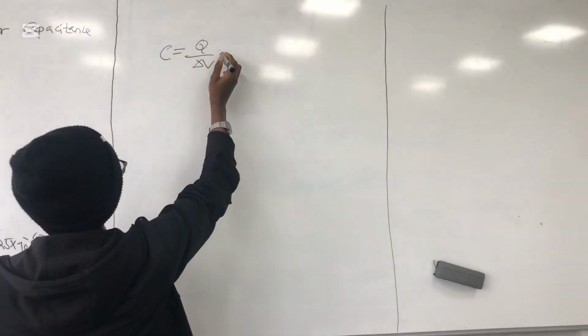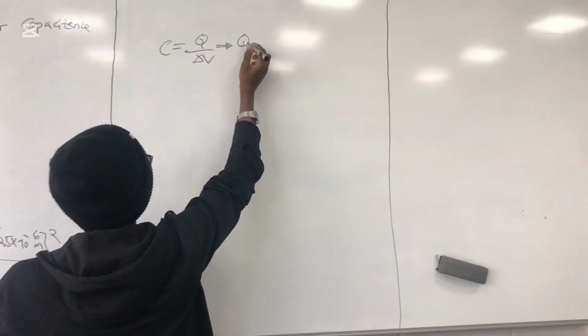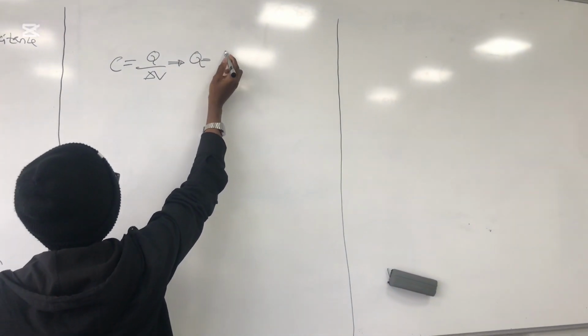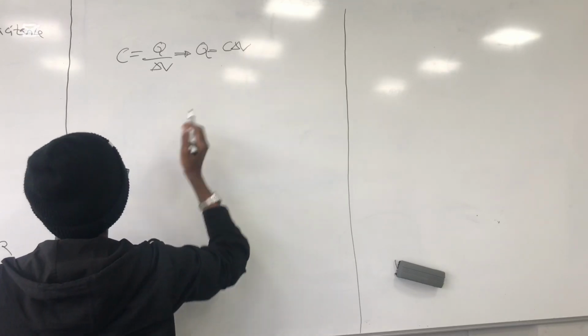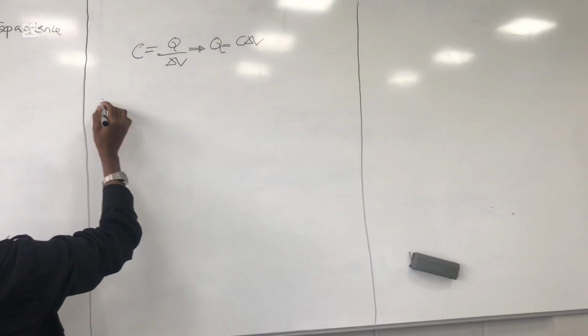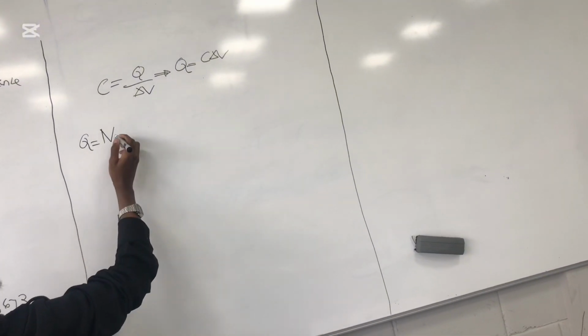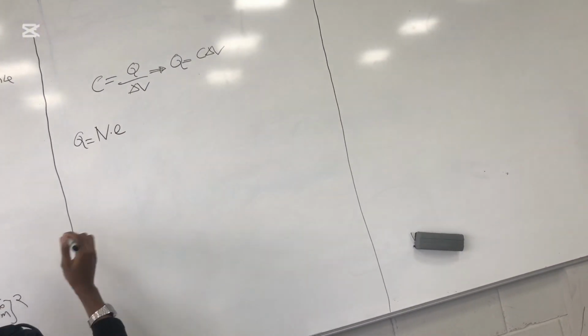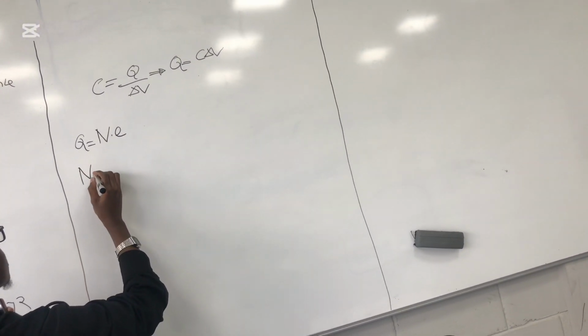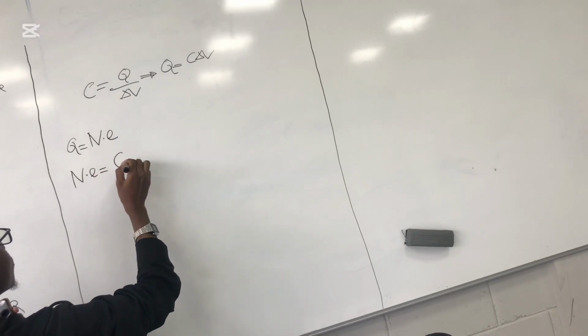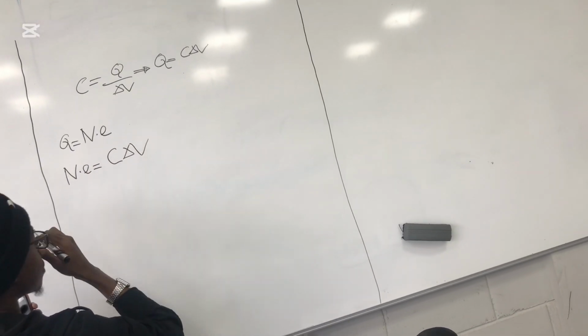But also you know that capacitance C is equal to Q divided by the change in potential, V. So from here, charge Q is equal to capacitance times change in voltage. But also you know that Q is equal to the number of sodium ions times the charge e. So the number of sodium ions times charge e is equal to capacitance times change in potential.